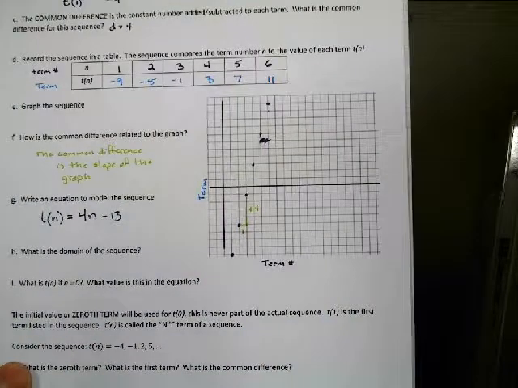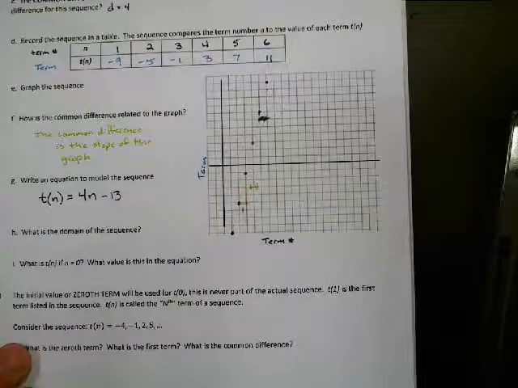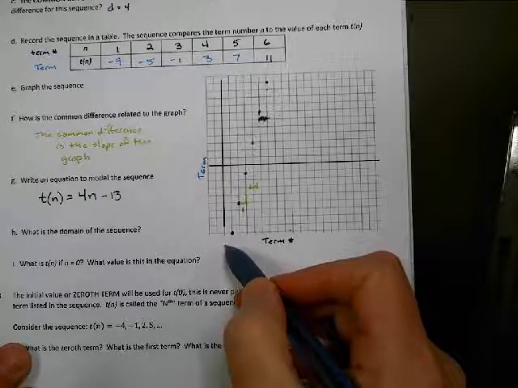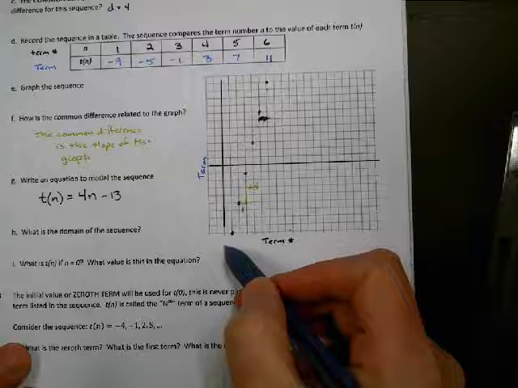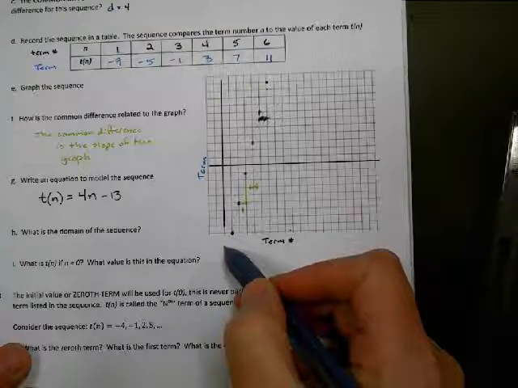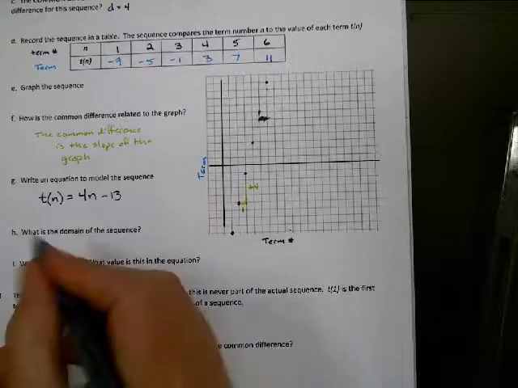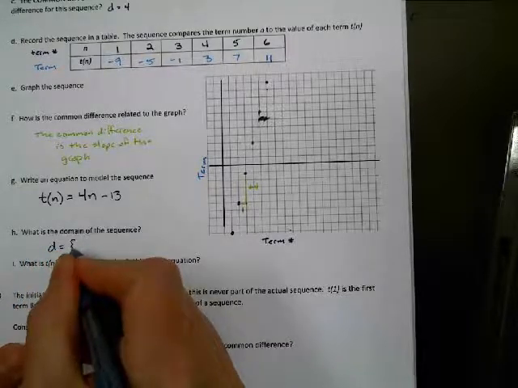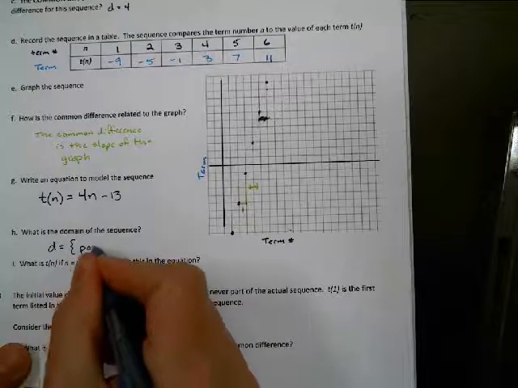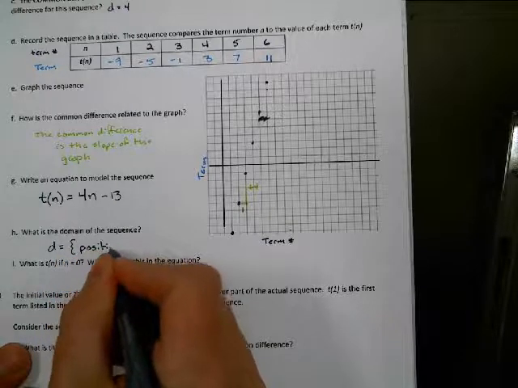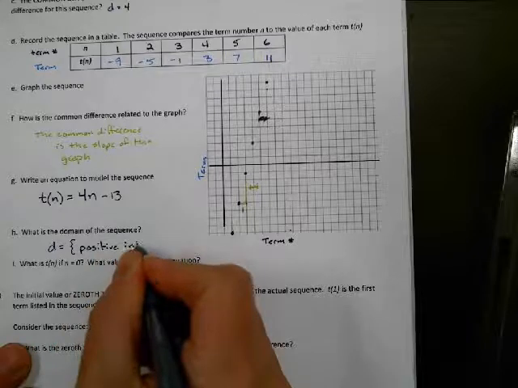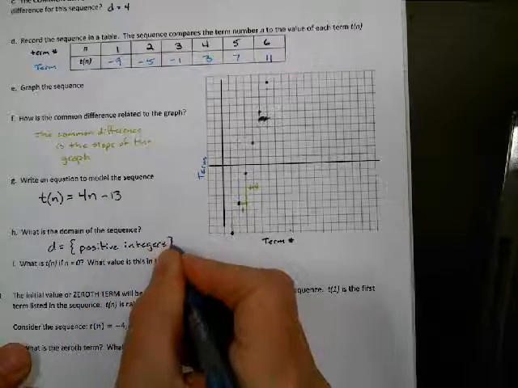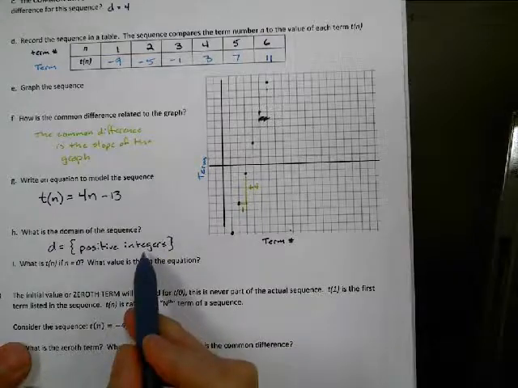Okay, what is the domain of the sequence? Well, our domain cannot be 0. And also, my domain can't be fractions. So this is going to be a little bit different than what we've seen before. We're going to say that our domain is the set of the positive integers. Now, what's an integer? Positive and negative whole numbers.